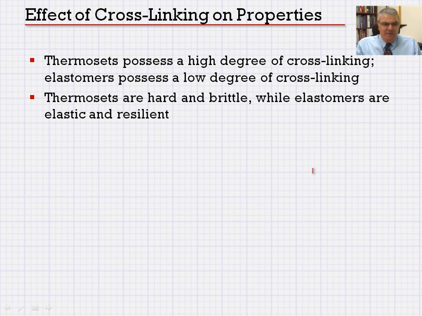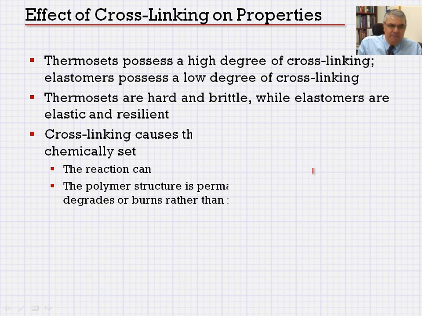The thermosets are hard and brittle, while elastomers are elastic and resilient. So a high degree of cross-linkage makes thermosets more hard and brittle, while a low degree of cross-linkage makes them more elastic, more resilient, and more soft. Okay.